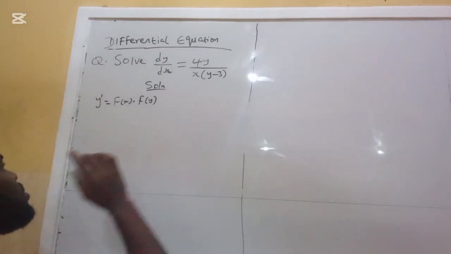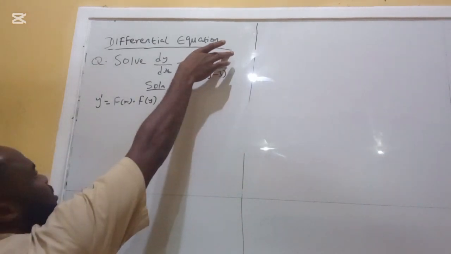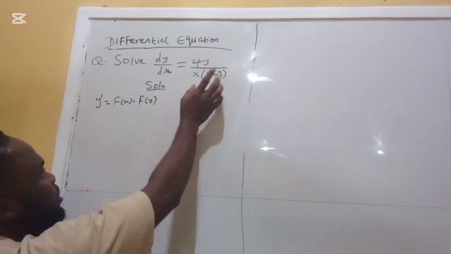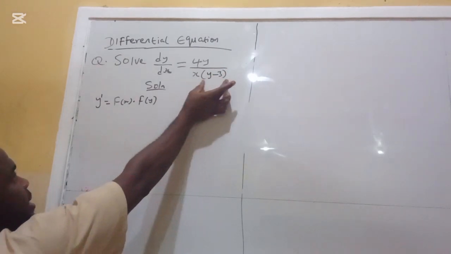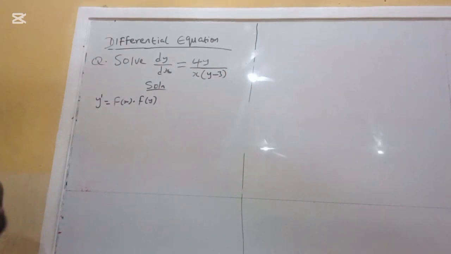Looking at the equation given to us, the numerator is f of y, and the denominator is in the form of f of x times f of y. So this differential equation is purely a separable equation.